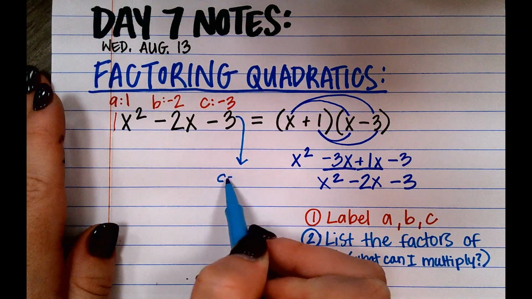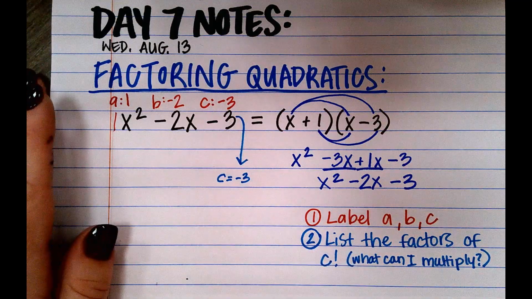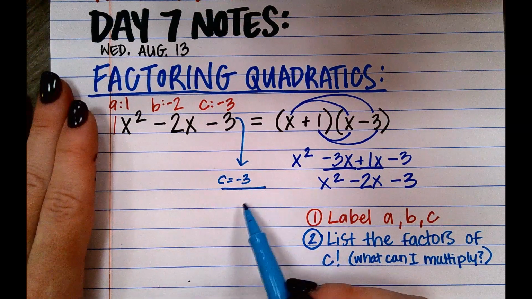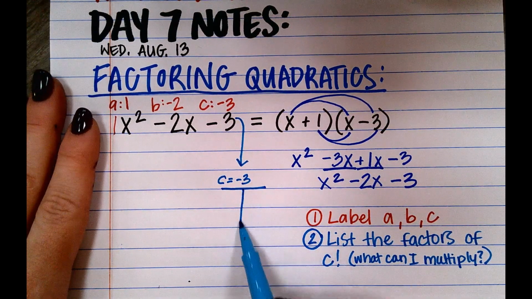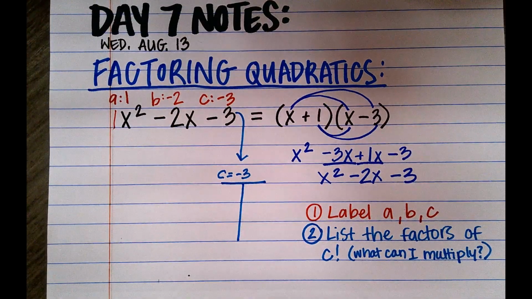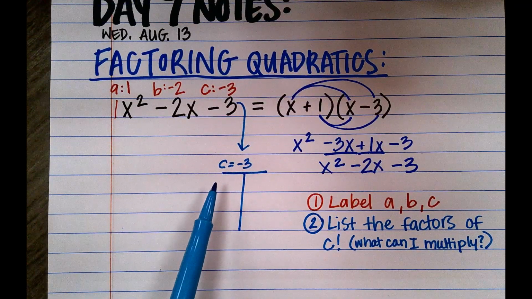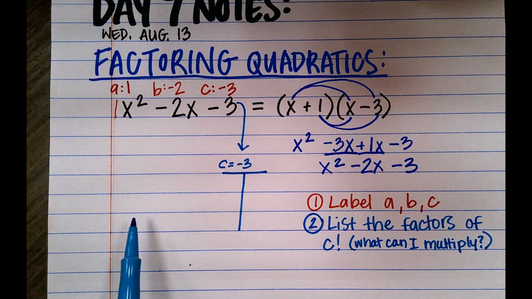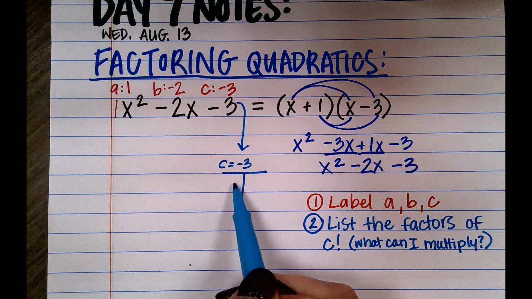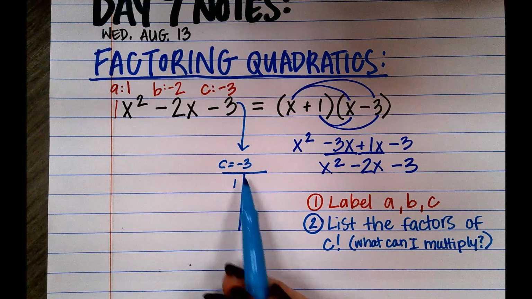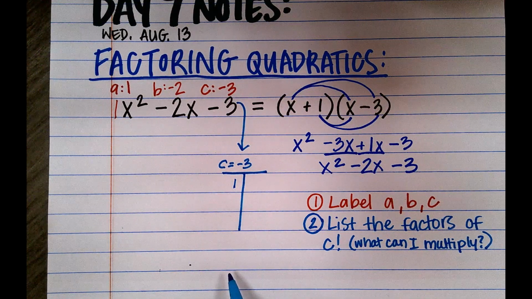I'm just going to write that again. So we could always start with 1. 1 times what makes -3? 1 times -3 makes -3.